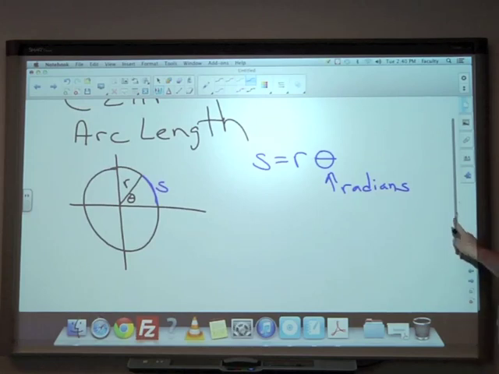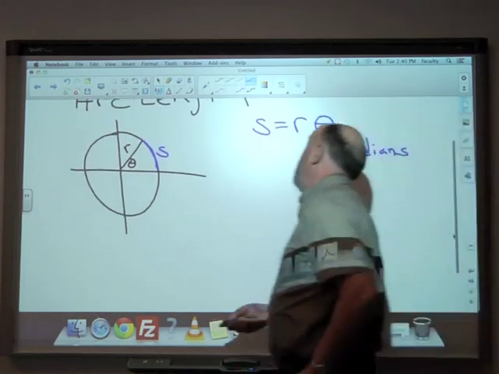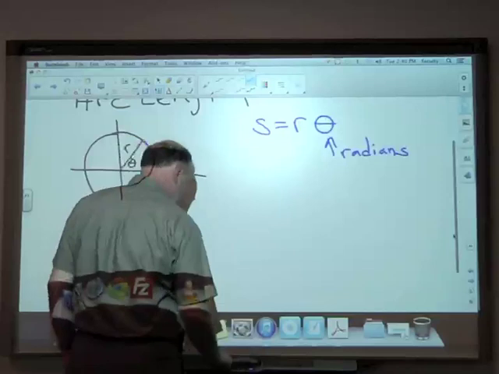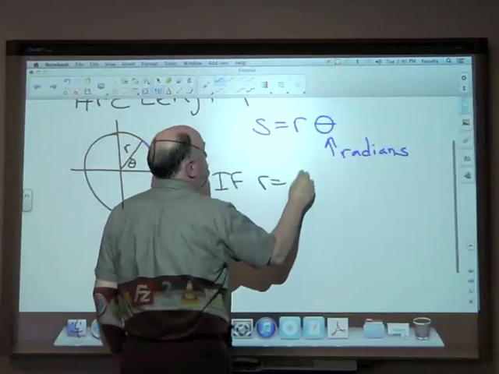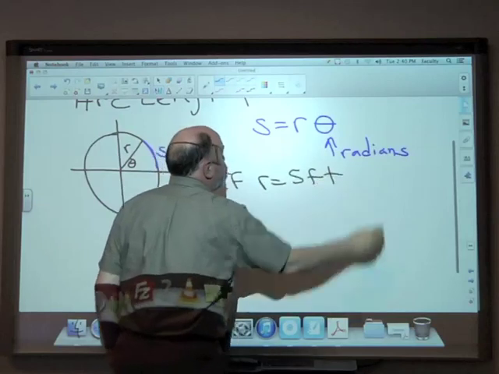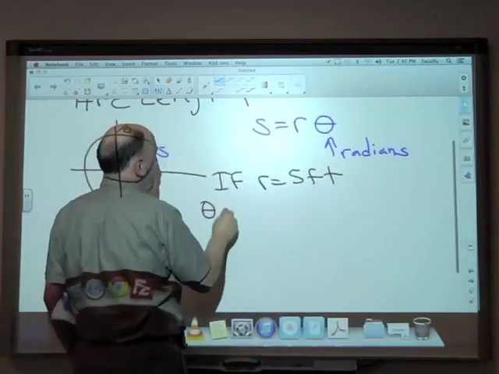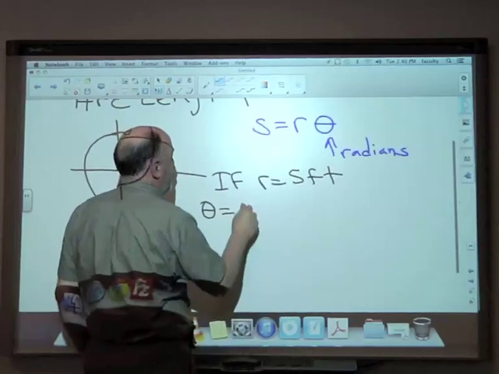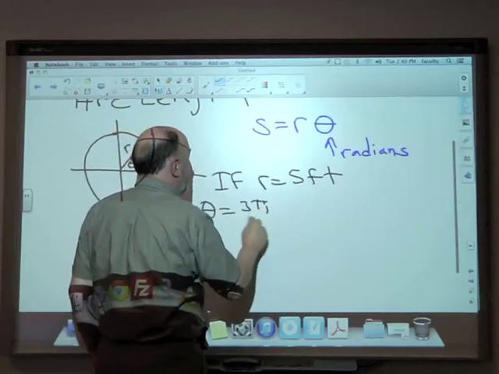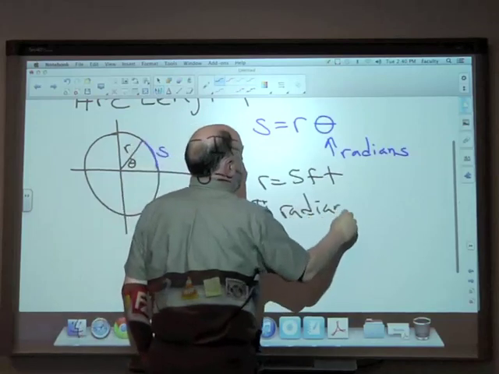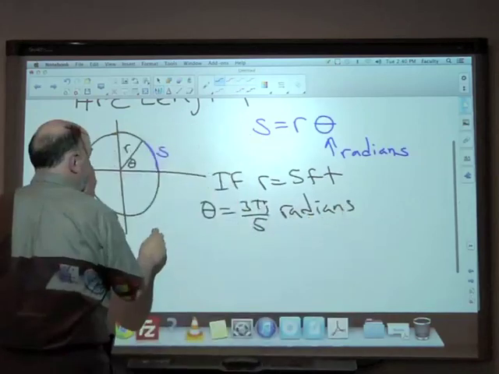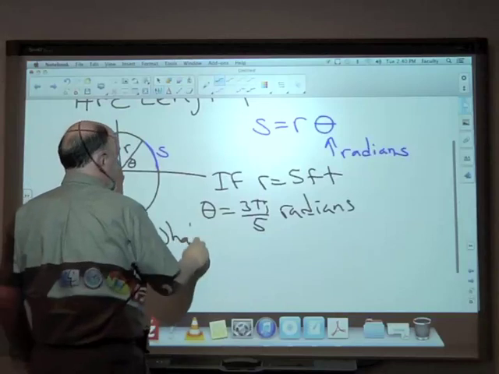So, for example, if r equals 5 feet, theta is equal to 3 pi over 5 radians. What is the arc length?